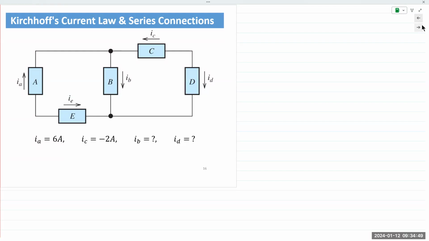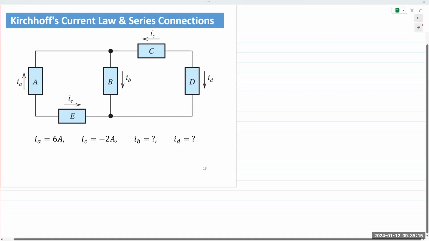It basically states that if you have a closed loop electrical circuit and you have a junction in a circuit, a junction being a point or a node where two or more conductors meet, then the sum of the currents entering the terminal has to equal the sum of the currents leaving the terminal.